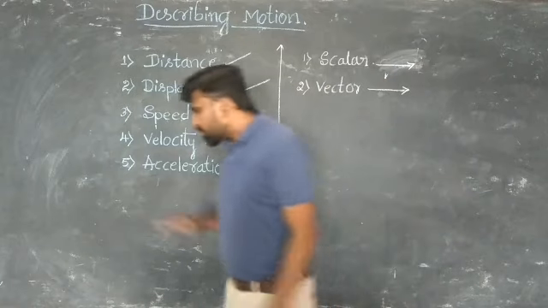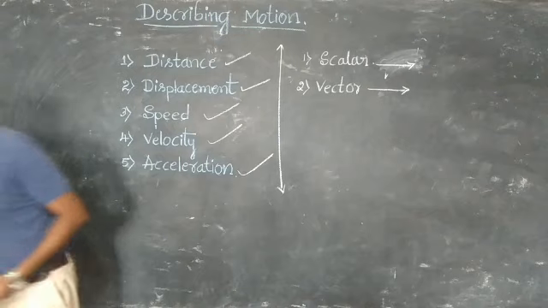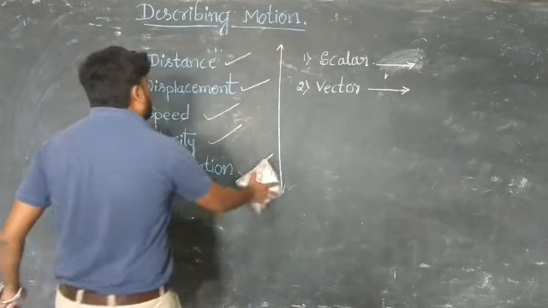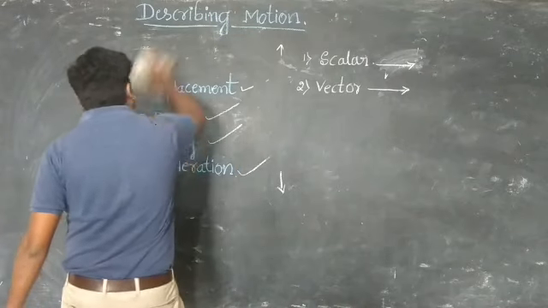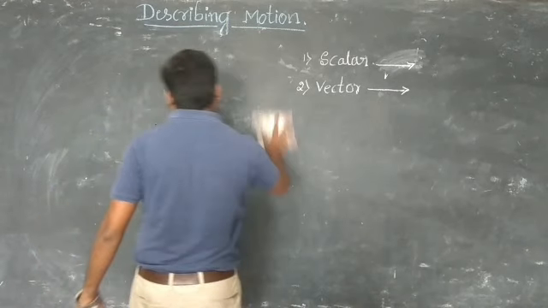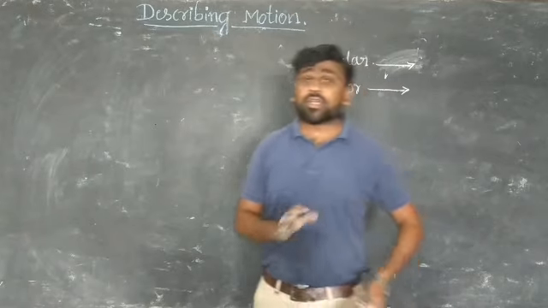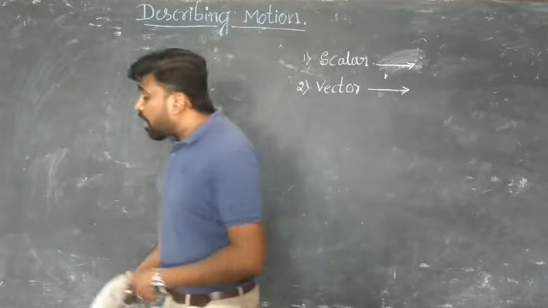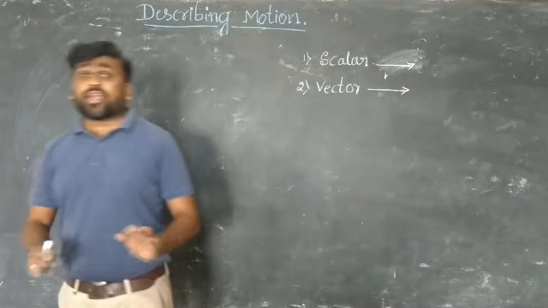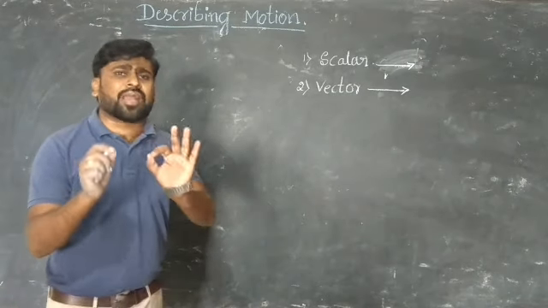Clear? Now, before going to start the chapter describing motion, the first two concepts are what is scalar and what is vector quantity. This is very important. You have to neatly understand the concept of scalar and vector quantity. Clear? Now I will give one simple example.